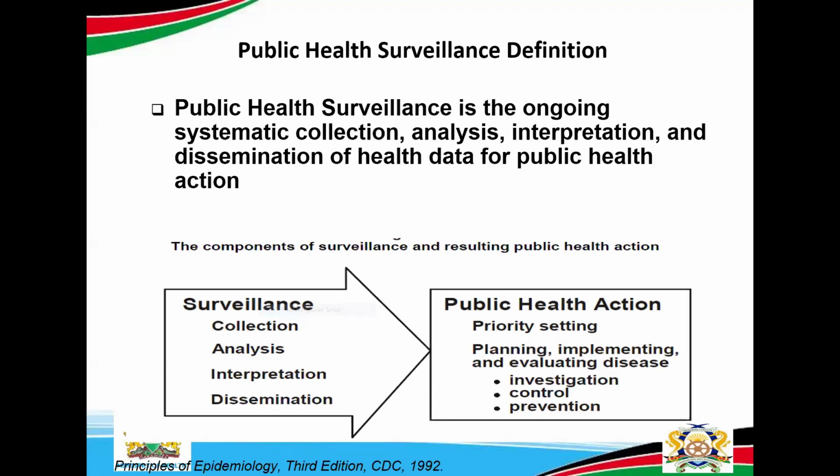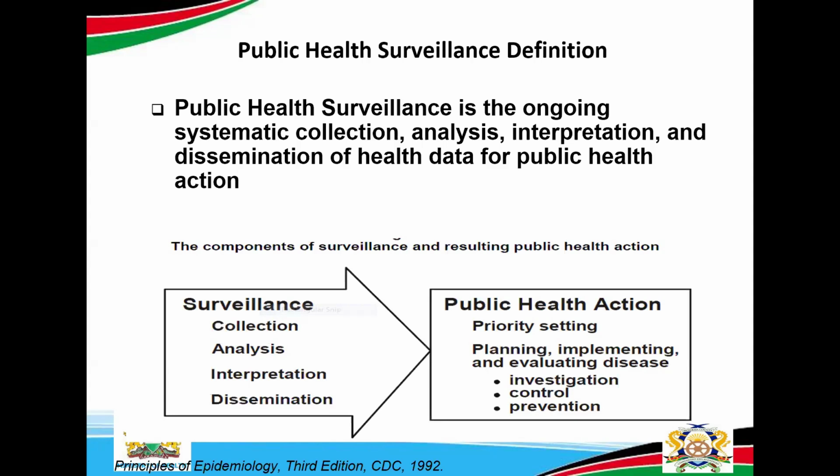So the components of surveillance, which result in public health action: when we talk of surveillance, that means you collect data. After you have collected data that is related to patients and the community, at the end goal, it talks about health events. After you have this data, you need to do analysis.